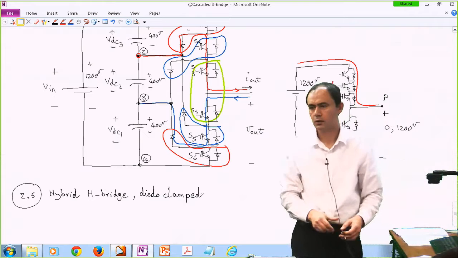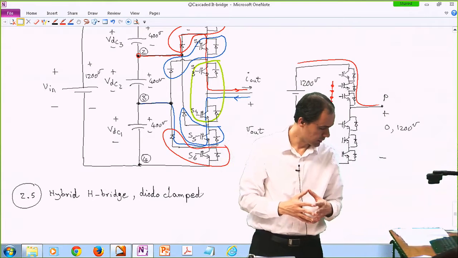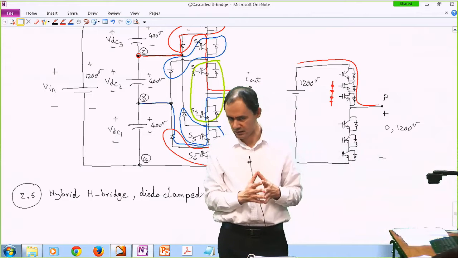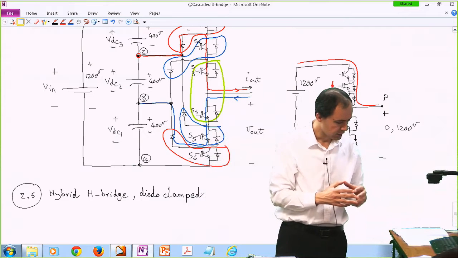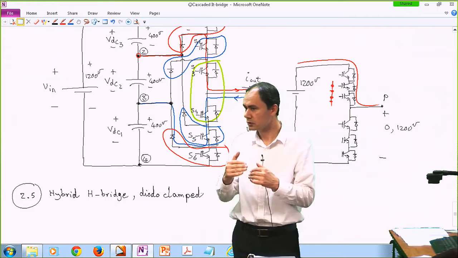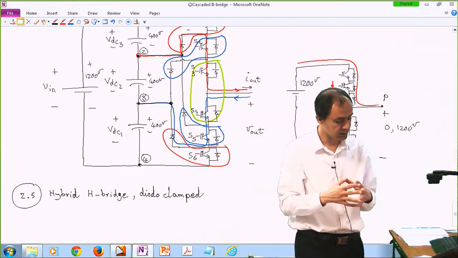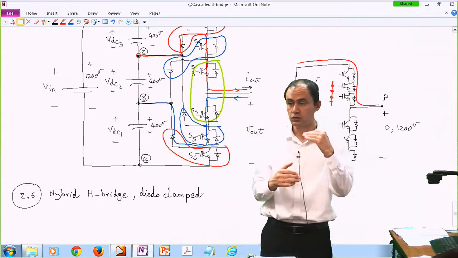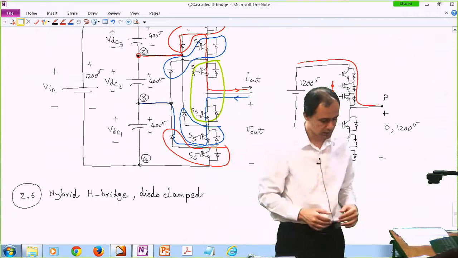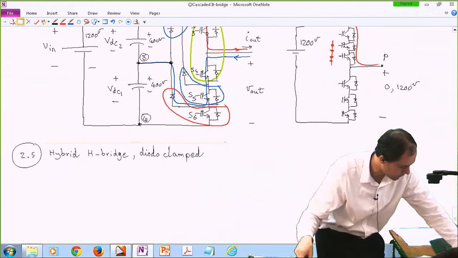Okay, so what do I mean by hybrid? Remember when we were talking about H-bridge converters or cascaded H-bridge converters, we used single pole double throw switches. So now that we have learned how to build, for instance, a single pole triple throw switch, maybe we can use the same idea to increase the number of our basically levels.